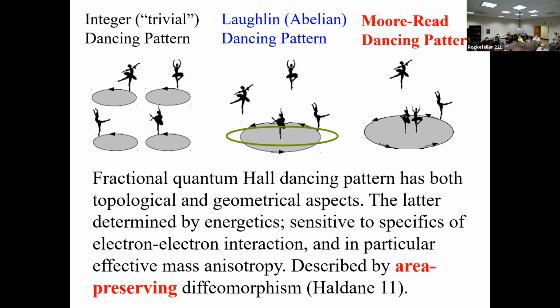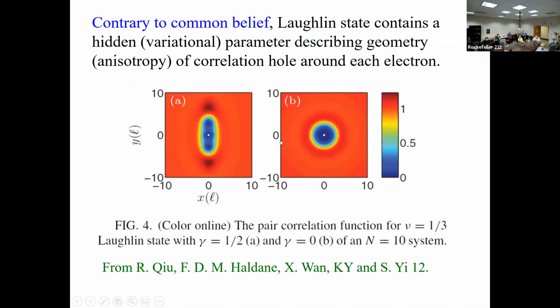Now, more relevant to what I'm going to talk about later, you could have effective mass anisotropy, which is quite typical in crystals. Then the natural dancing steps, if you wish, are already distorted at the one-body level, and that could favor this kind of pattern as well. This is very important to what I'm going to talk about when I get to the specific results. So as an immediate consequence of this observation, we realize that, unlike what you have been told maybe many, many times, the Laughlin wave function is not such a unique wave function with no variational parameter.